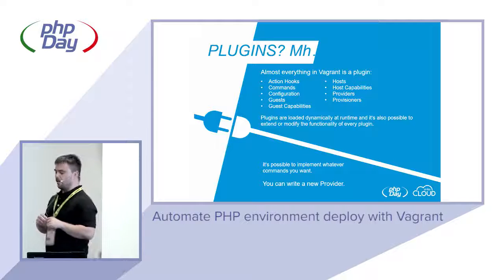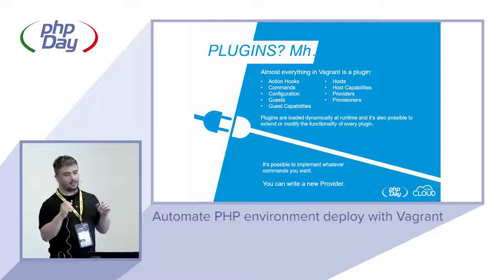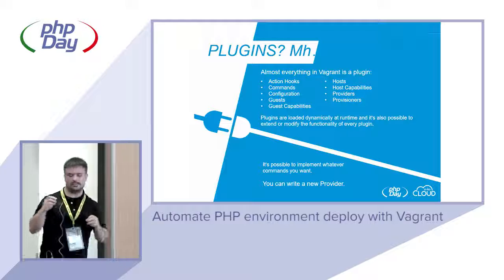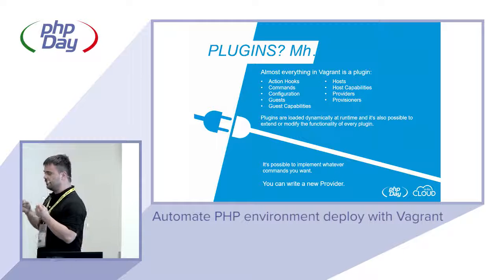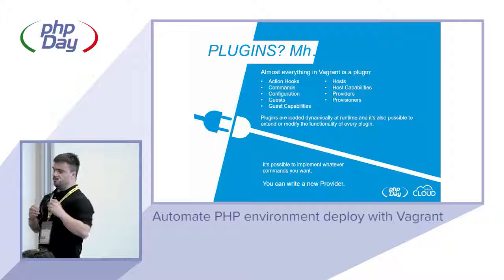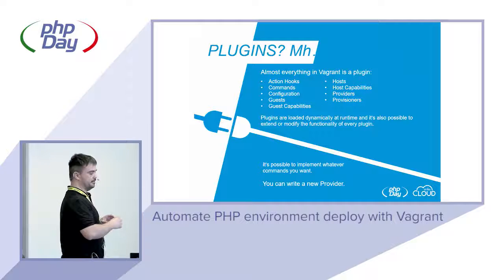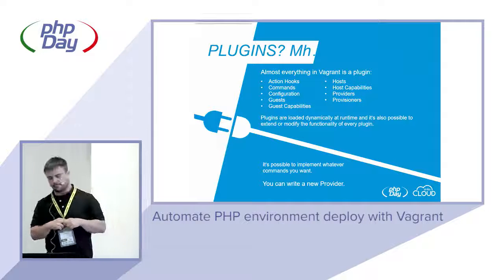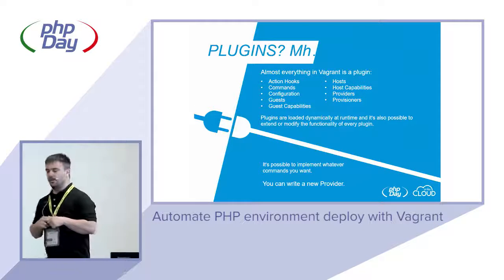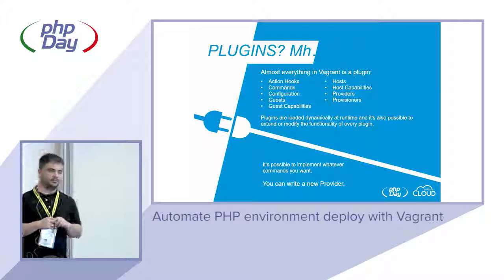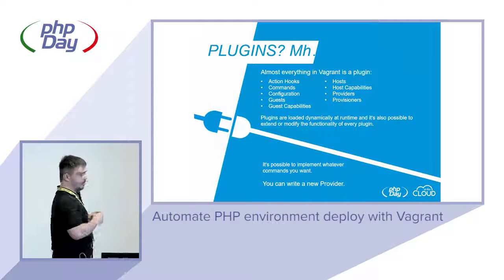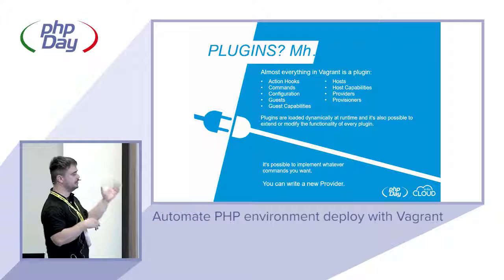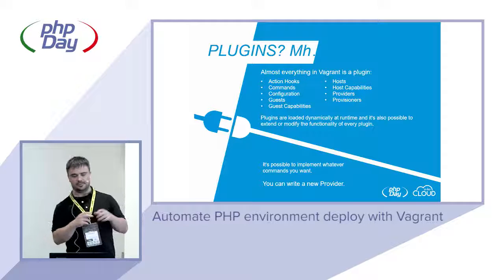Once you have a need that Vagrant doesn't cover, for example, I had to implement a new guest capability that configures CentOS to disable TTY, because otherwise the update doesn't work. It's simple. We are going to see how to make it in the next few slides.